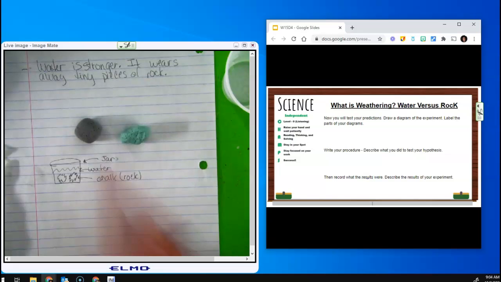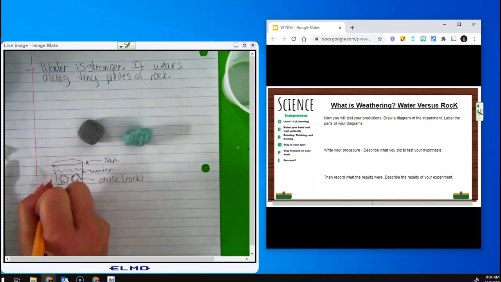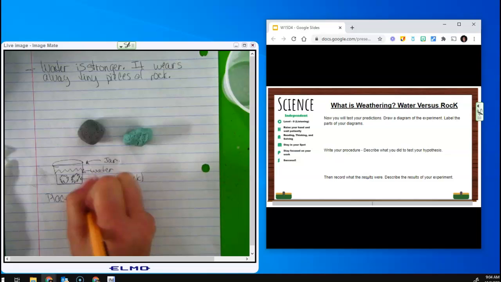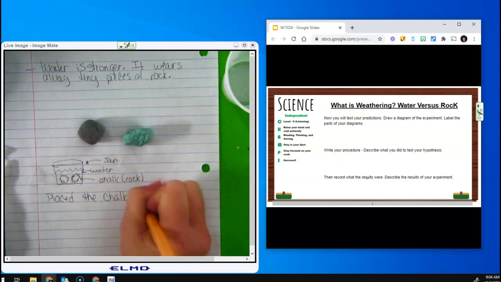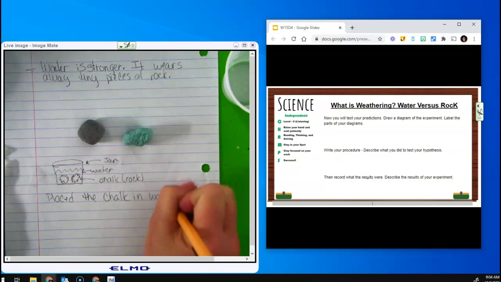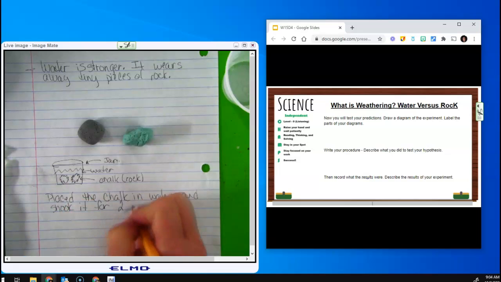All right. So then it says, describe what you did to test your hypothesis. Well, we placed the chalk in water and shook it for 2 minutes.